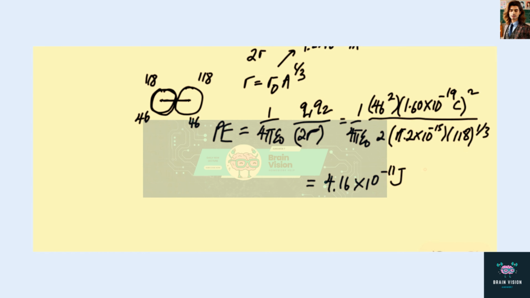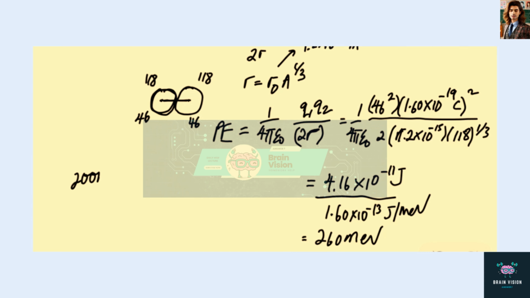And converting that into MeV, right? Since we want to compare with the fission energy, which is 200 MeV, we have to divide this by 1.6 times 10 to the power minus 13 joules per MeV to give us about 260 MeV. From here we can compare with the fission energy, right?